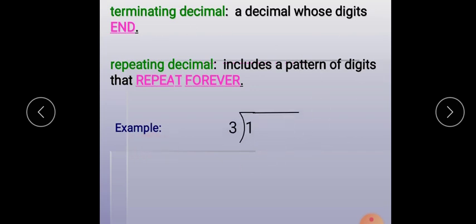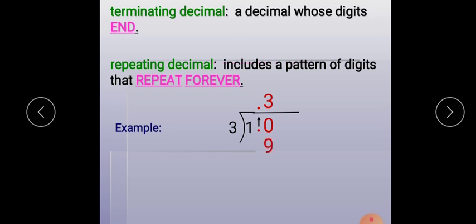Let us divide 1 by 3, where 3 is the divisor and 1 is the dividend. As 1 is smaller than 3, we have to take a decimal point. After taking the decimal point, 1 becomes 10. 3 times 3 is 9.